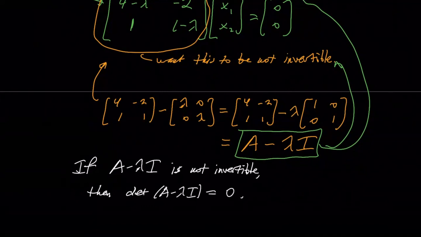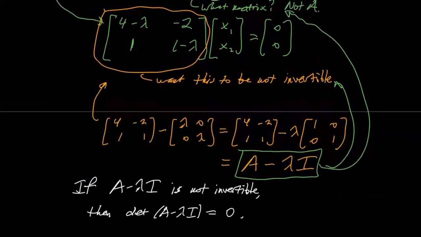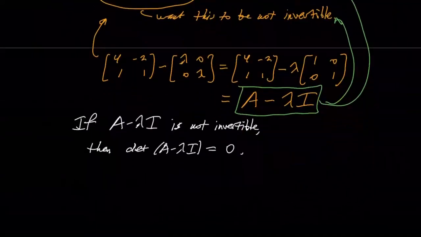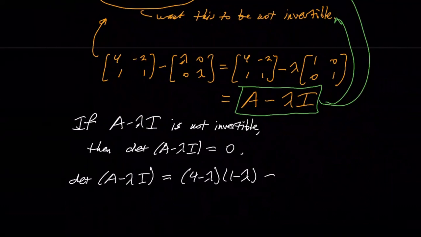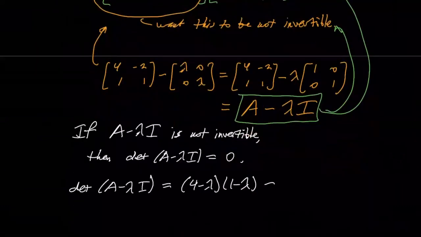But the determinant of A minus lambda I, if we just look at A for a second, let's just look at this. That's going to be true in general for finding eigenvalues, but I'm just trying to think about this example. 4 minus lambda, 1 minus lambda. It's the AD minus BC thing, right? AD minus BC, negative 2 times 1. And we want that to equal 0, but let's write this out.